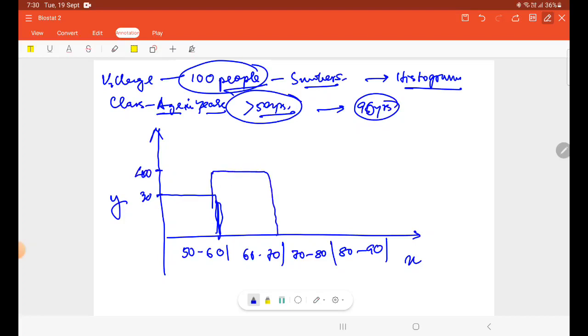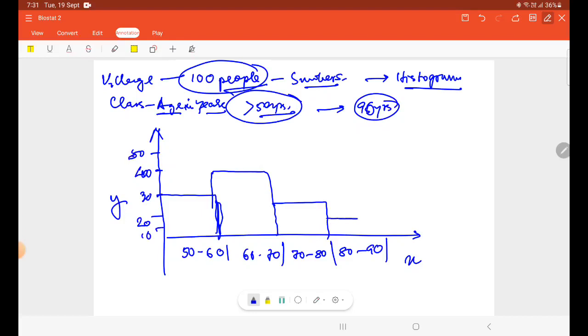70 to 80, say 20 people. In the y scale it is 20 here, 20 people. 80 to 90, say 50 people are there. Total 100 people, right? 90 people already covered, so it is, say, 10 people.